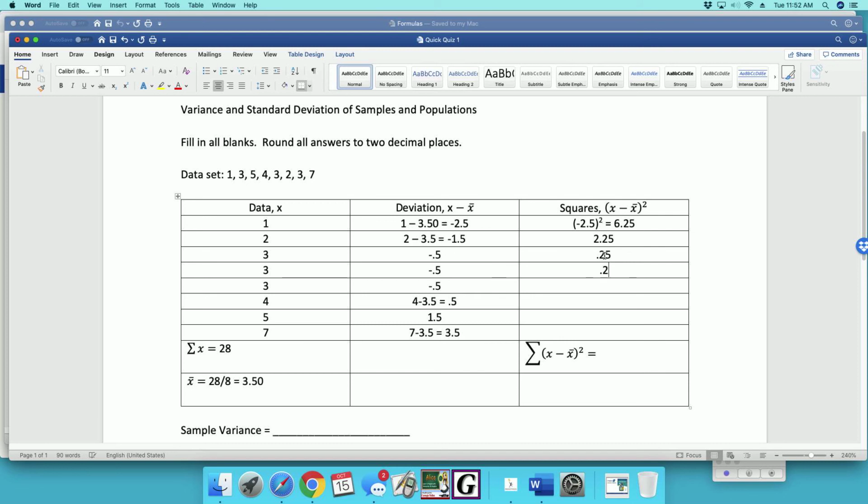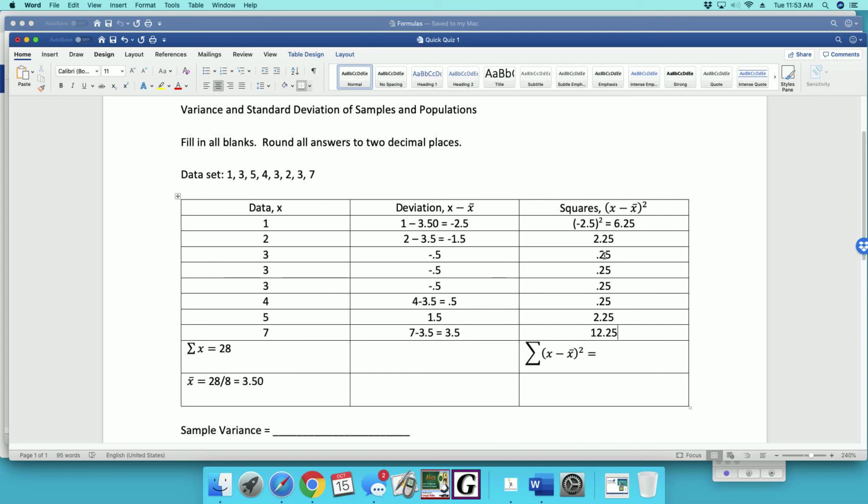This is 0.25, 0.25, and this is 0.25. And this is 2.25. And 3.5 squared is 12.25.